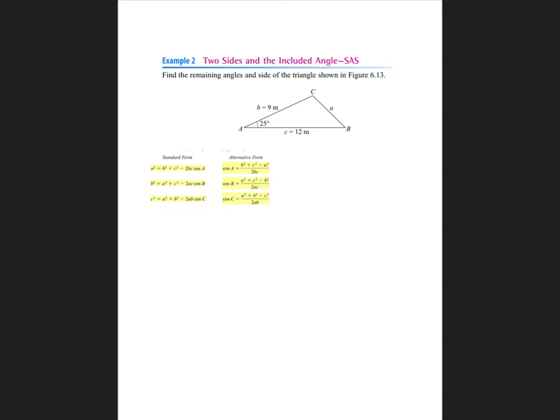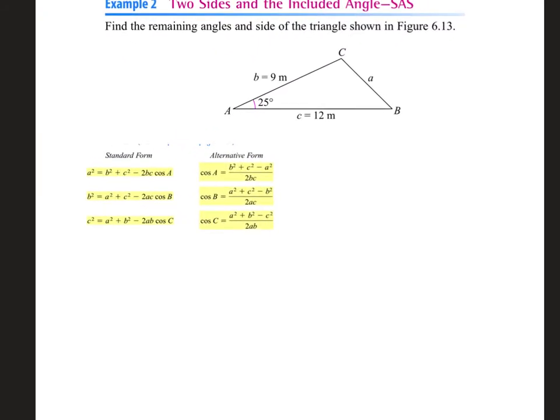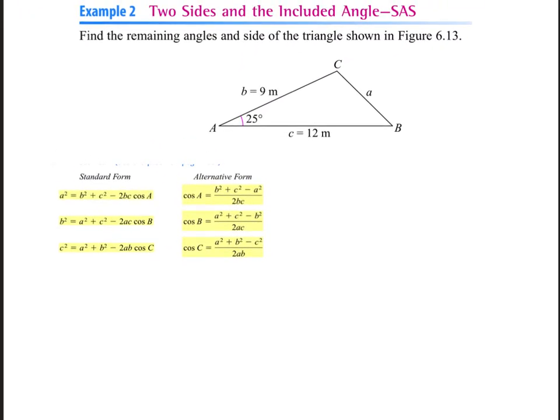Here we have two sides and an angle. So which formula are we going to use, standard form or alternative form? Standard form. So we're going to use our first formula up here. We just need to plug everything into our formula.